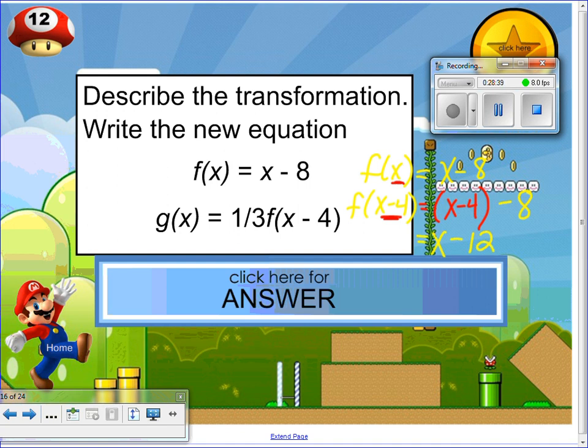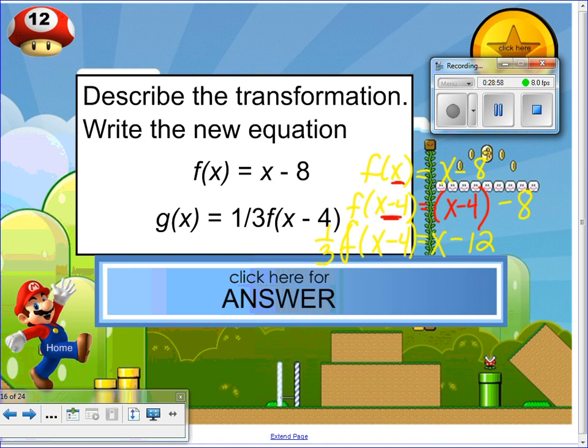Now, we're not finished because we still have to do the 1/3 of that. So now we have 1/3 times f of x minus 4. We know that this is f of x minus 4, and we need 1/3 of that.